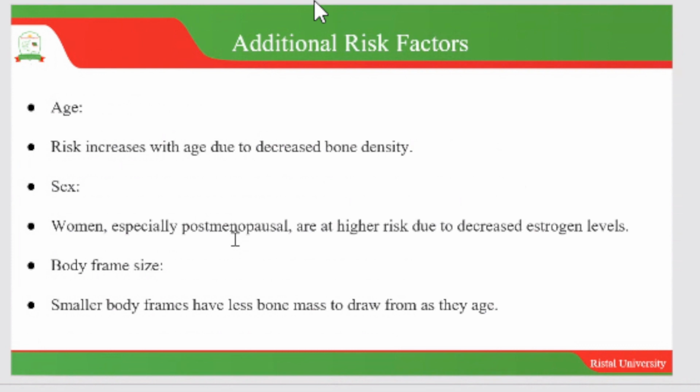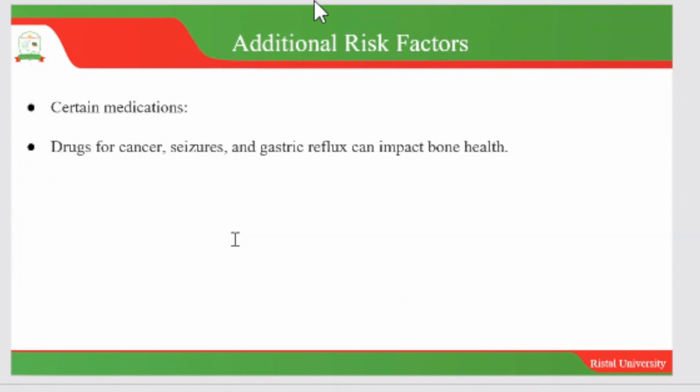We've seen sex: women, especially post menopause, are at higher risk due to the estrogen levels, the people with the smaller bodies, and also certain medications that could lead to this. Drugs for cancers and seizures and also gastric reflux can impact the bone health. Really, that is what we can talk of.